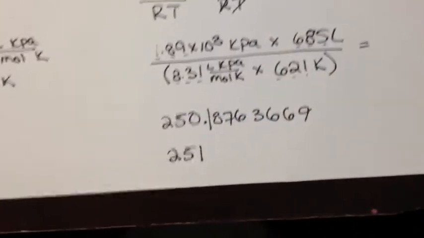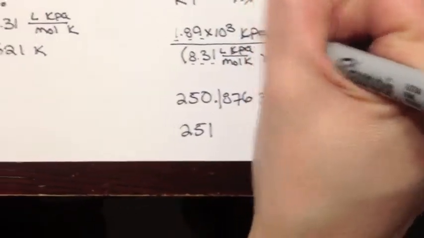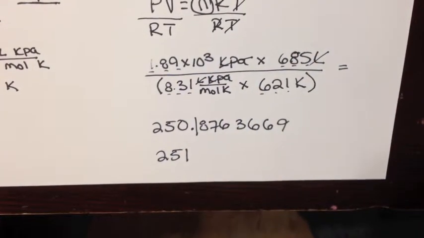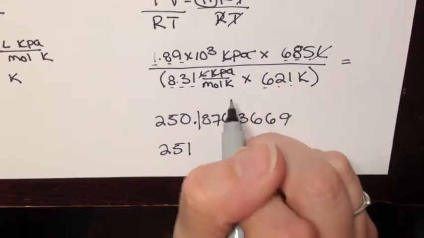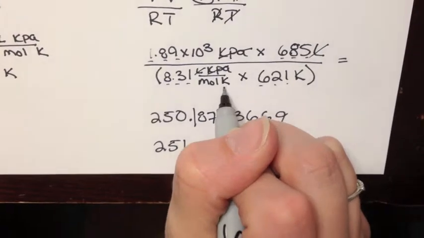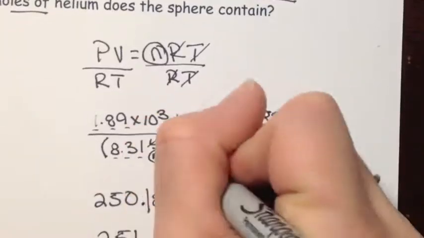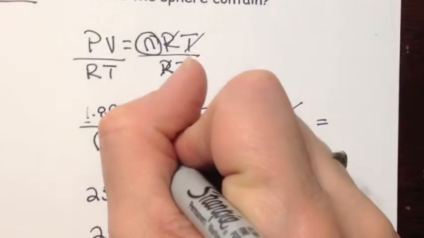I need to go through and look at my units next. Kilopascals I have both on the top and the bottom, so they are going to cancel. Liters I have as well. Those are also going to cancel. Now if you look here, I have Kelvin in the base of this fraction, and it is on top here. What I'll be left with is moles.